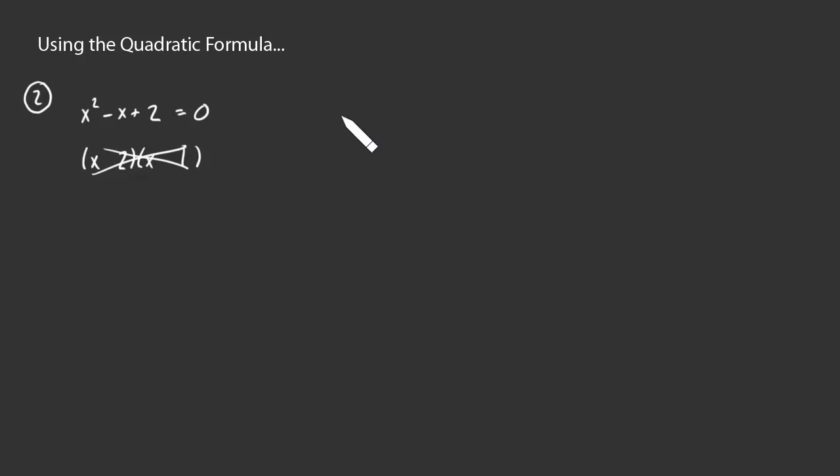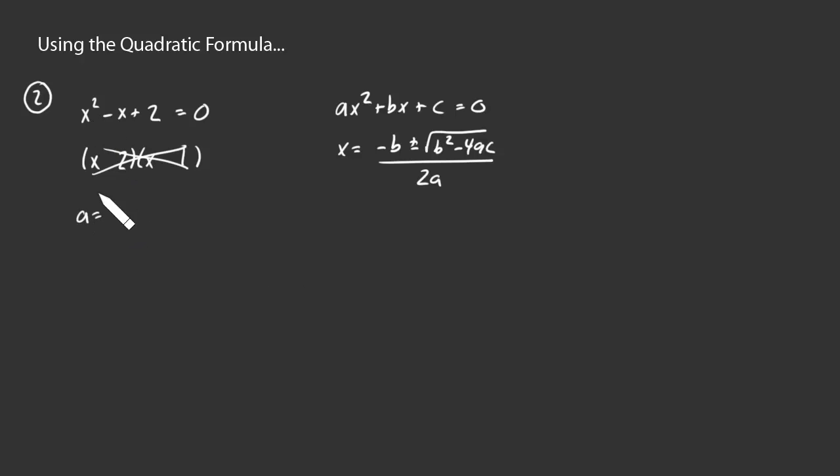Remember, that says if you have ax squared plus bx plus c equals 0, then x is negative b plus or minus the square root of b squared minus 4ac, all of that over 2a. So here our a, the coefficient on x squared, is 1. Our b, the coefficient on this term, is negative 1.